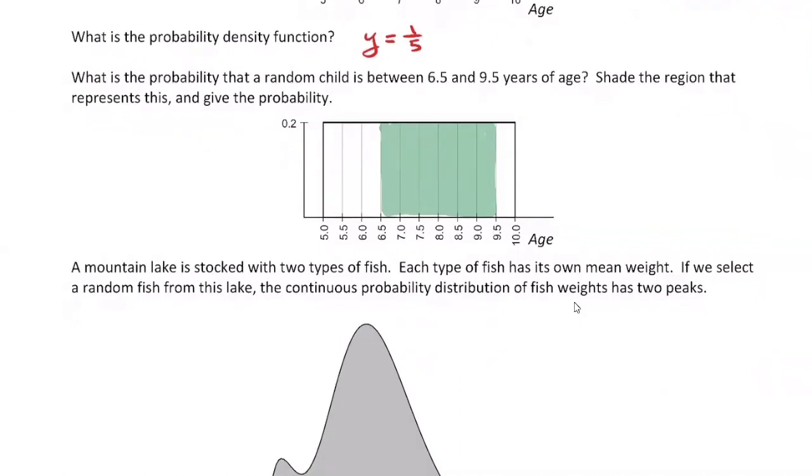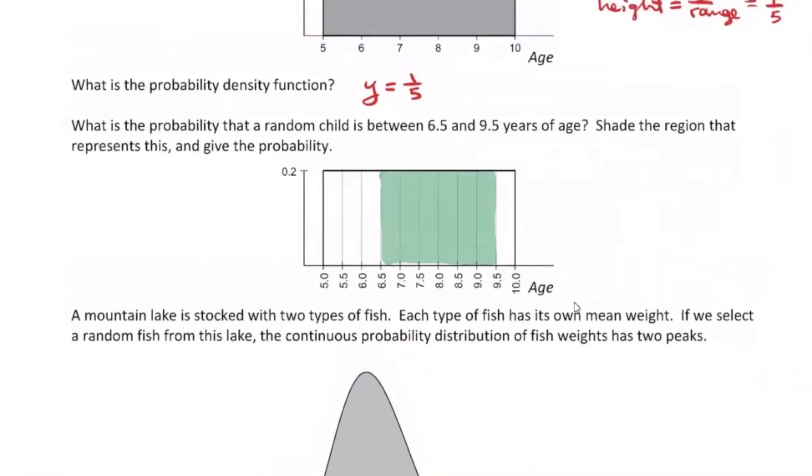Okay, and so we already know the height of this rectangle, and these are rectangles, so this is super easy. The height is 1/5, which on a calculator is just 0.2, and then the width goes from 6.5 to 9.5, so you just do 9.5 minus 6.5, and I think you'll get 3. And that's really all we need to worry about.